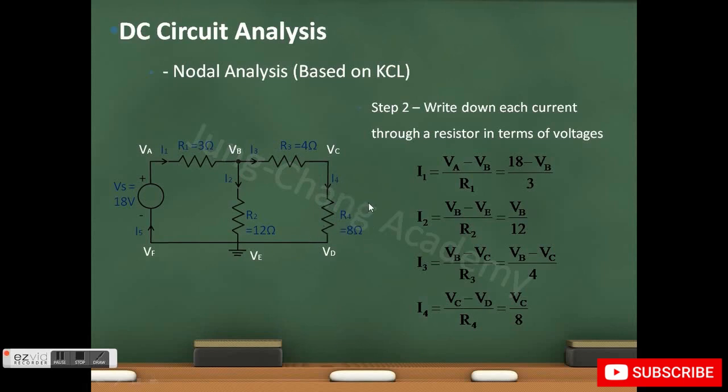Because from step 1 we already know what VD, VE, VF, and VA are, and we are also given all the resistances, we can sub in the values. Now we have 4 equations.